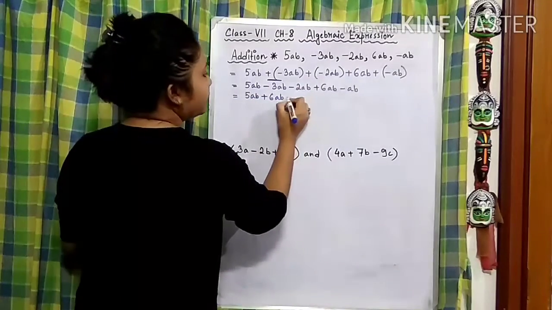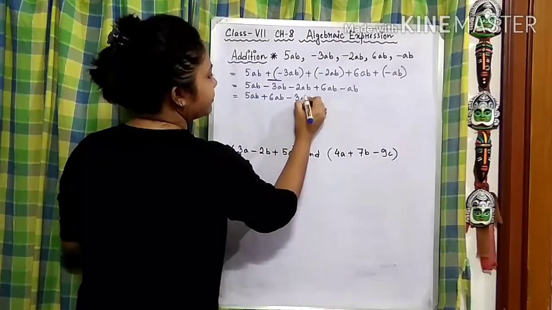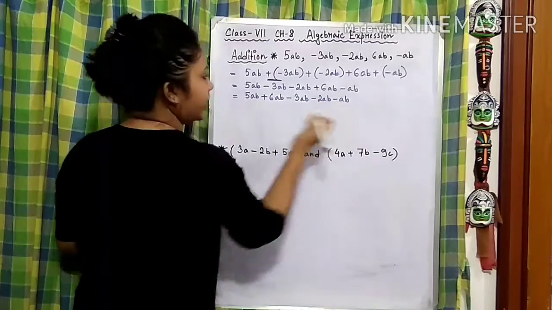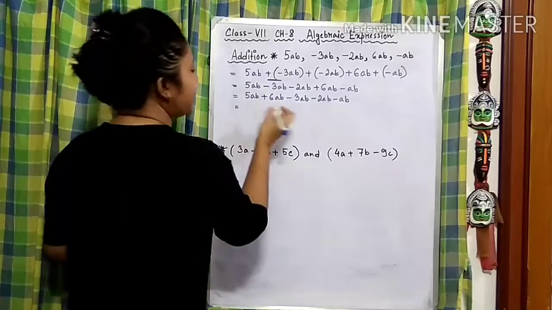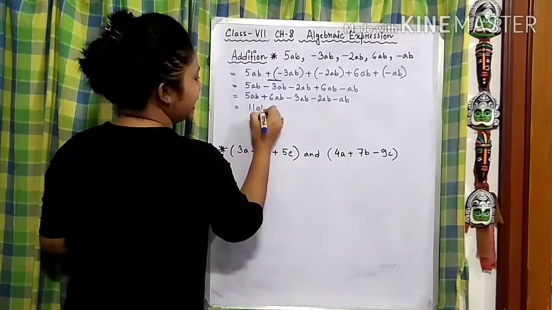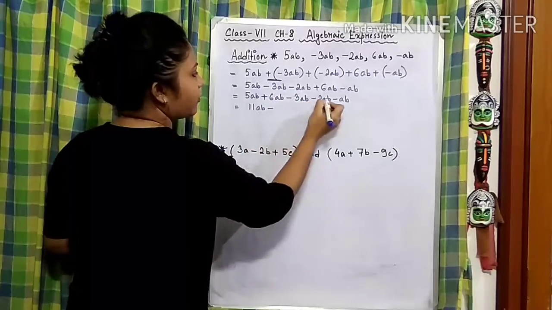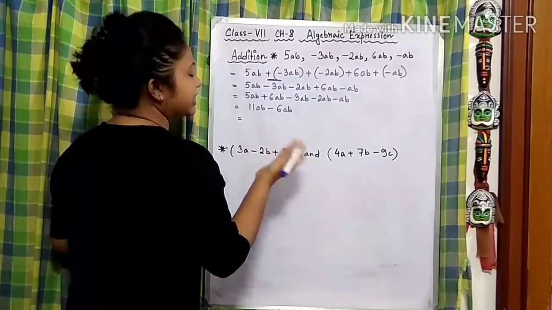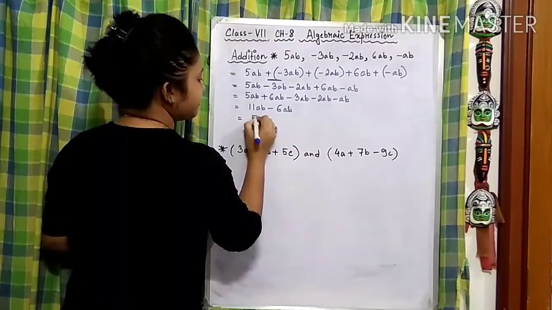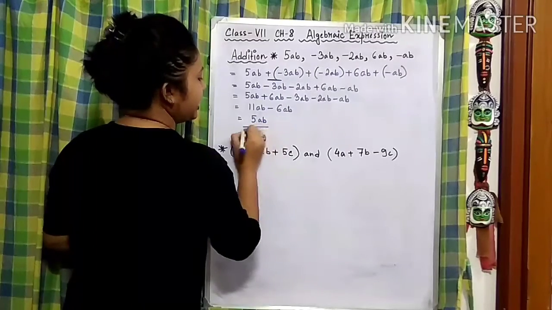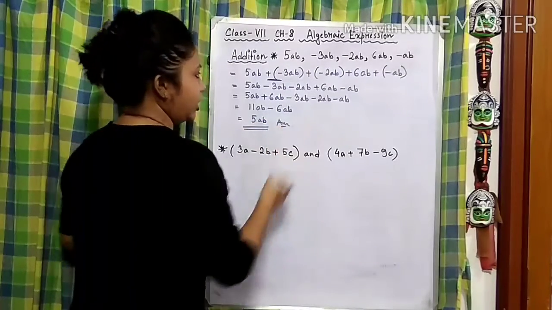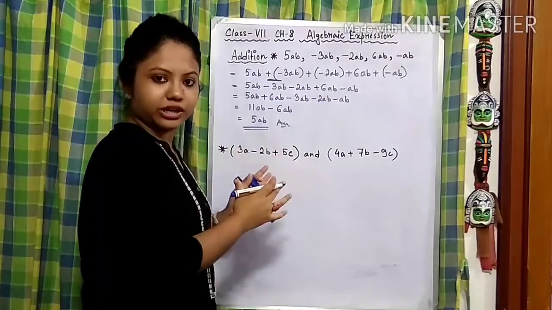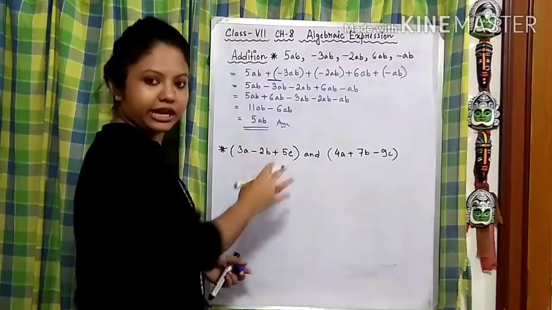Now we take the negative terms together. So 6 plus 5 gives 11ab, minus 3, 4, 5, 6, minus 6ab. So 11 minus 6 gives 5. 5ab is our required answer. This is how we do the addition involving like terms only.